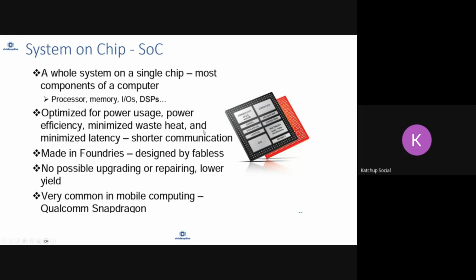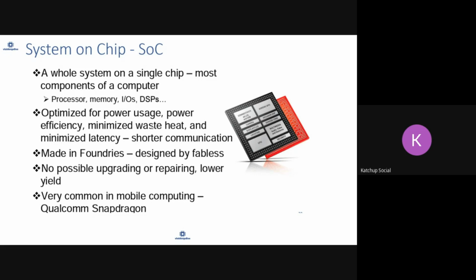This then evolved into the system on a chip, where the whole system was on a single chip. Most components typically of a computer, like processor, memories, IOs, DSP, were all done on a particular system. It was optimized for power usage and power efficiency.